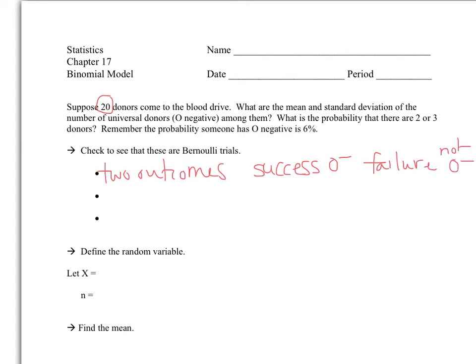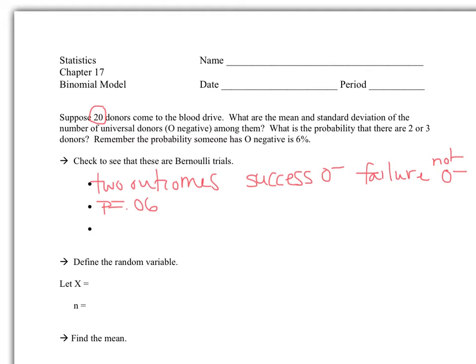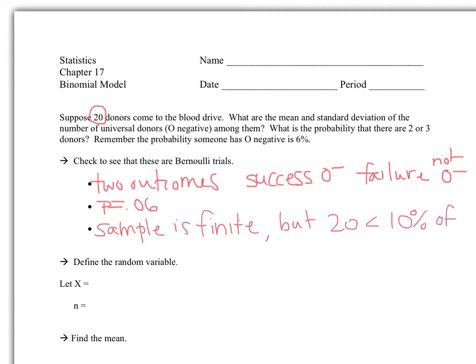So anything else. Our probability is 0.06, and our sample is finite, but 20 is certainly less than 10% of our entire population.